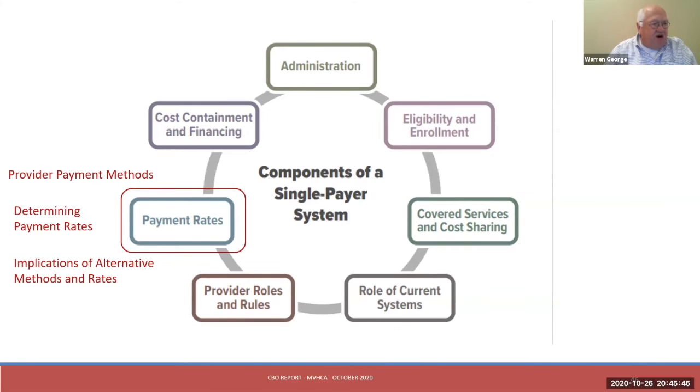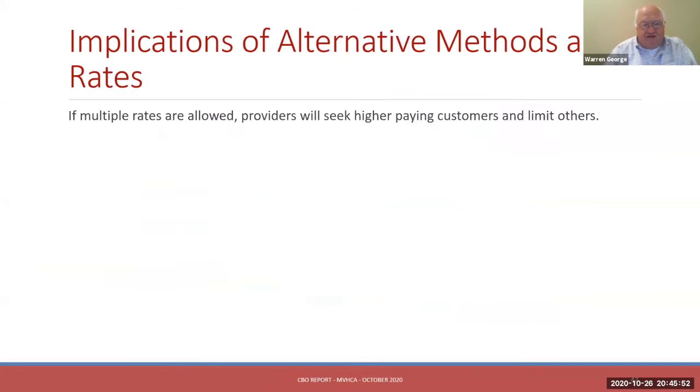The CBO offers a few possible implications of choosing the various alternative methods and rates. One of their concerns is that if multiple rates are allowed, like in private insurance, Medicare and Medicaid, all paying at different rates, providers will seek higher paying customers and limit or drop lower paying customers. When I ask doctors, they all say, no, we've never done that.